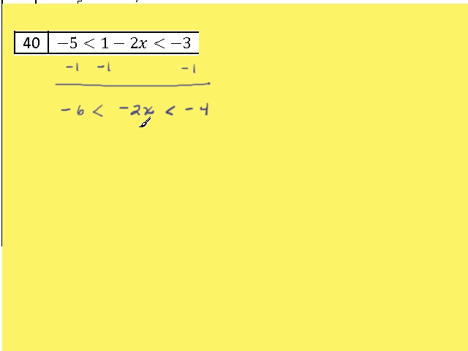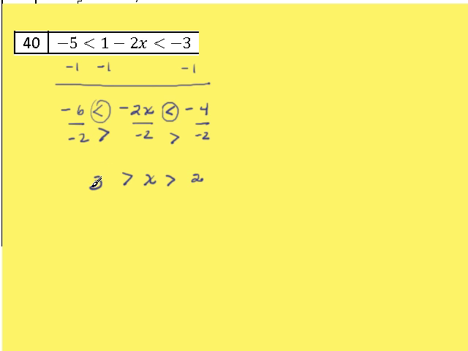And now we want to divide that by that -2. And we have to switch. So here we have x. Here we have +2 on the right and +3 on the left.